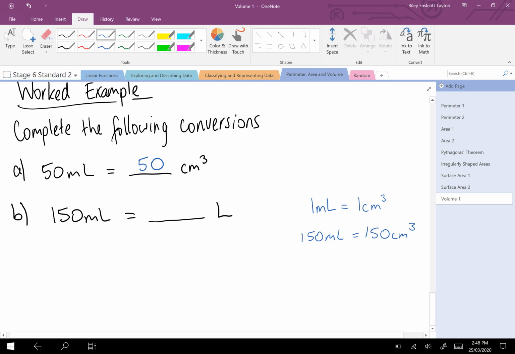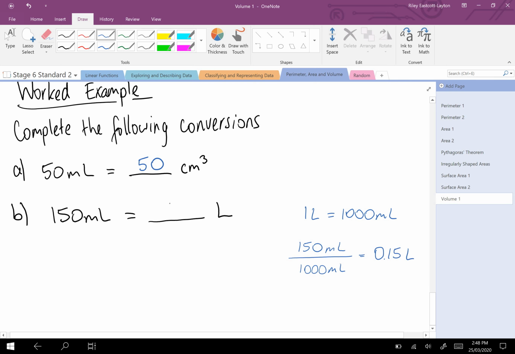Oh, I'm taking you down a track we don't even need to go. 1 litre is 1,000 mil. So we've got 150 mil out of 1,000 mil per 1 litre, which is 0.15 litres. We got there in the end, we did it.